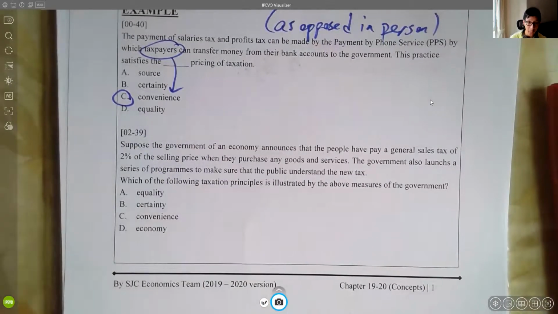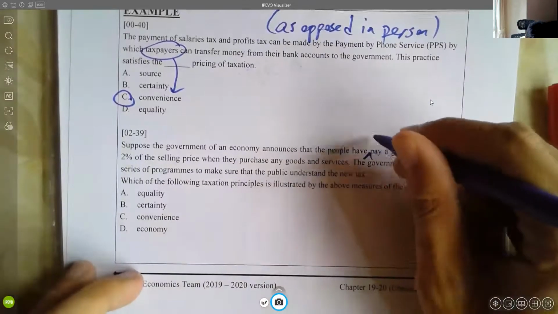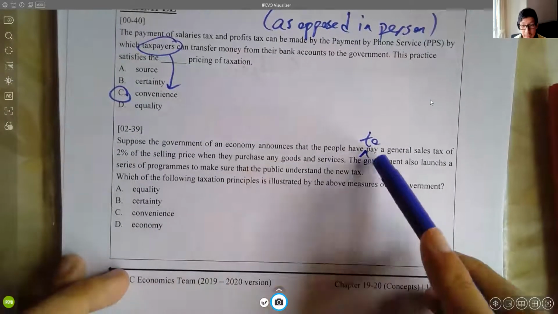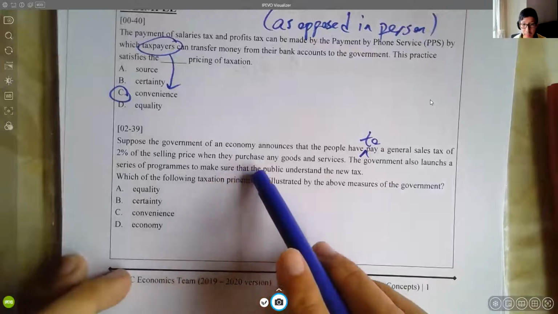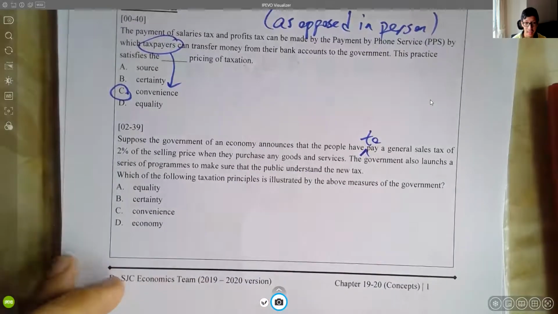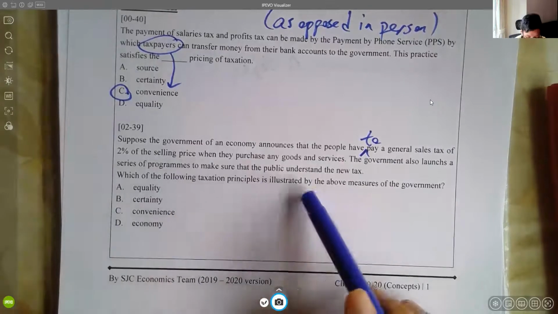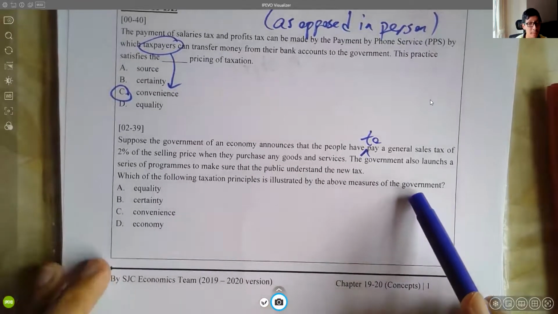2002. Suppose the government of an economy announced that people have to pay a general sales tax of 2% of the selling price. The government also launches a serious program to make sure people understand the new tax. Let's see which principle is illustrated by the above measure.